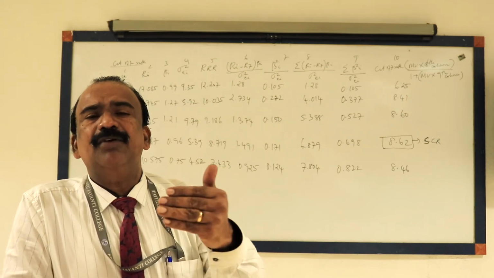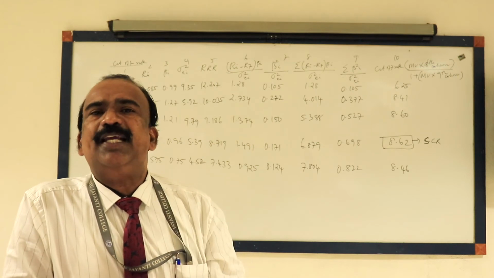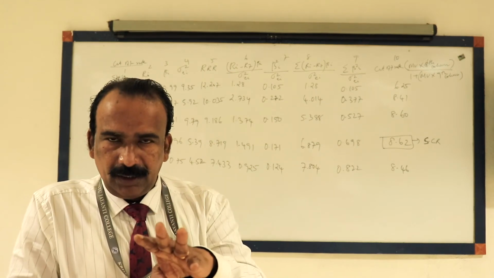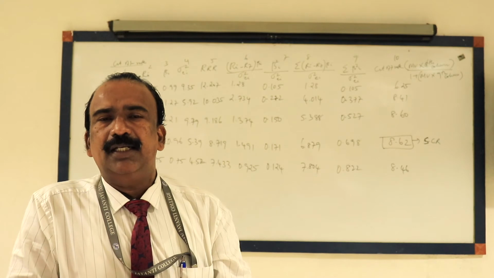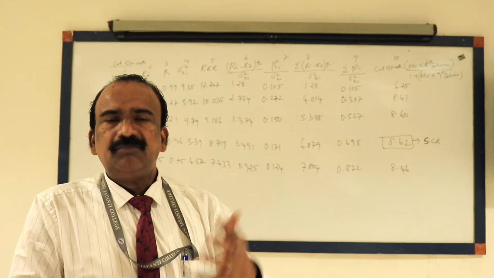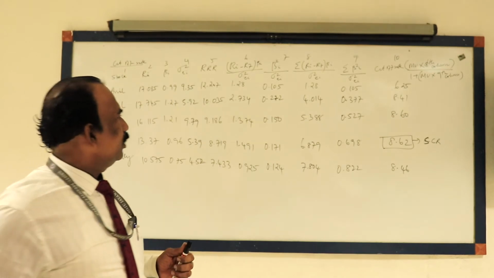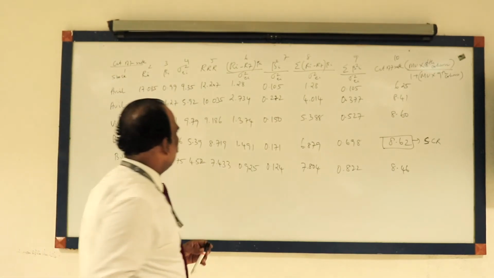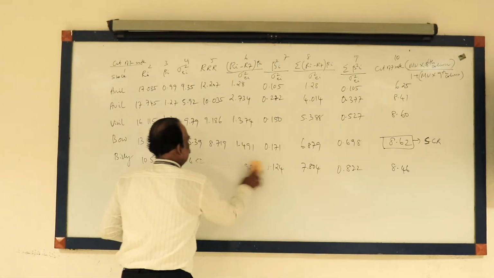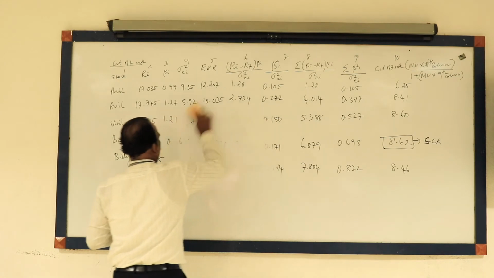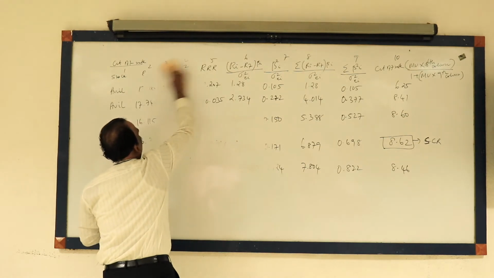Then we need to decide in what proportion the fund has to be invested. So we have 4 stocks, and what proportion the fund needs to be allocated, that we need to look at. So we need to calculate the next value, that is the Z value.